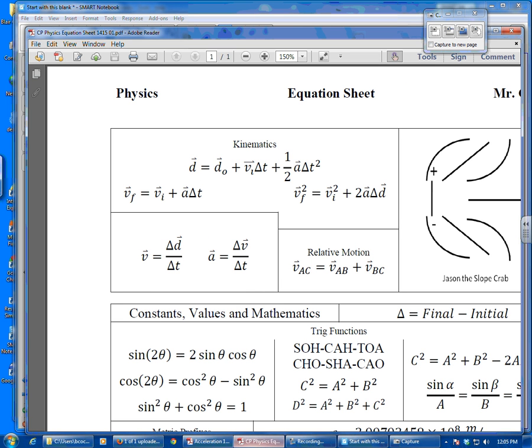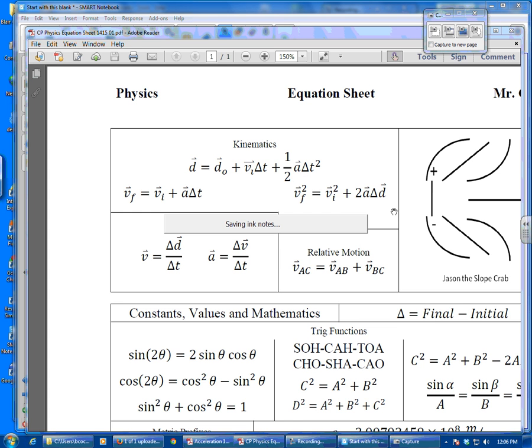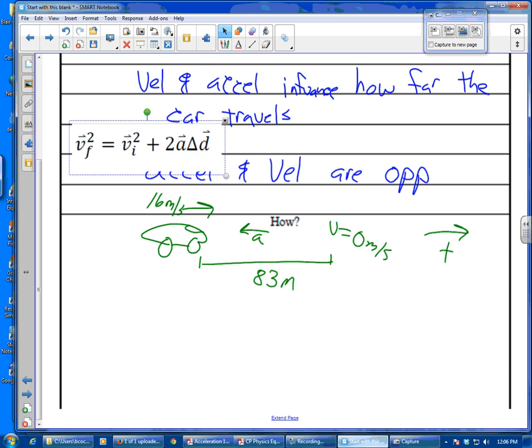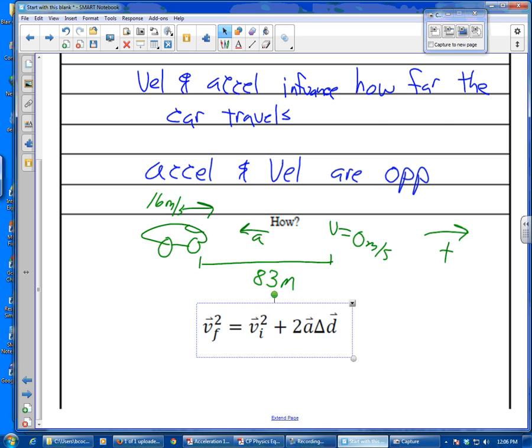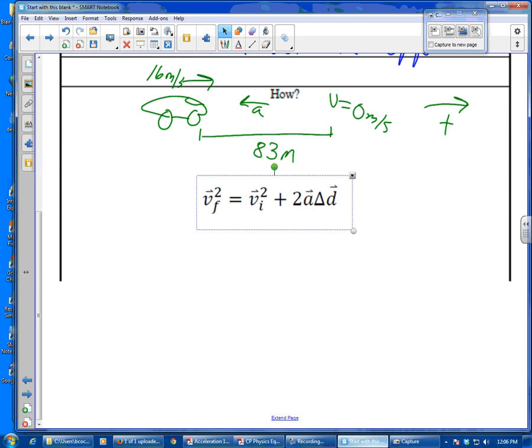The equation that I'm going to pick is this one, our other last kinematics equation that we hadn't used yet today, because it talks about the velocity I end up at is the velocity I started at, and how much it changed because I moved a distance while I accelerated. So it combines this idea of changing velocity with acceleration and distance.